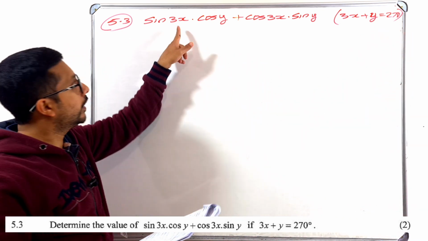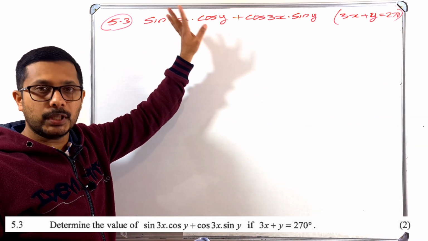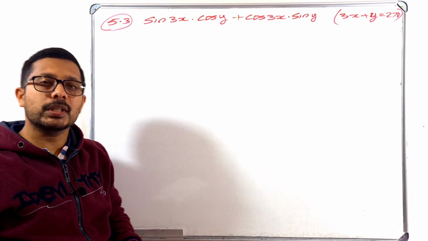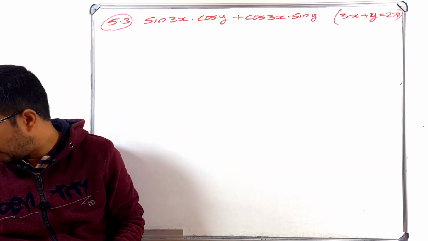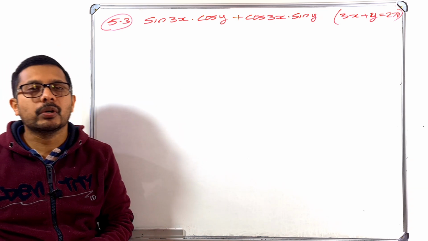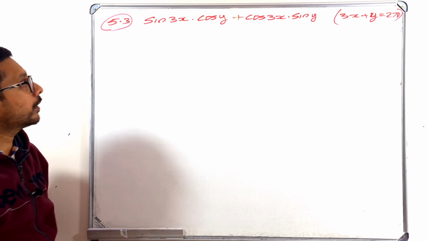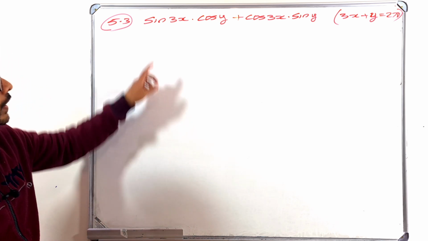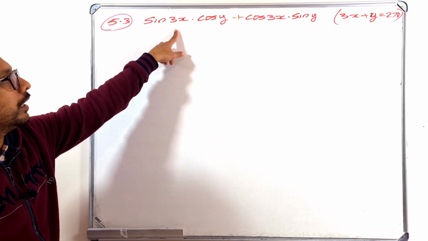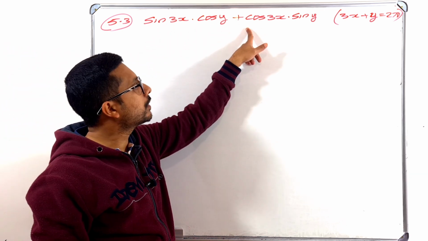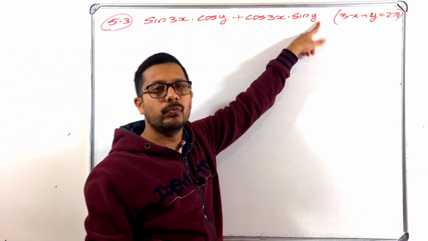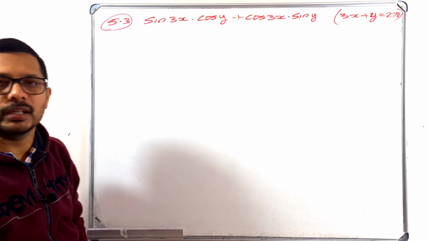Okay, so here you can see 3x and y, something happening there. How can you simplify or find the value of that? You have to find the number. So here look at this: sine 3x cos y plus cos 3x sine y. What is that one, guys?